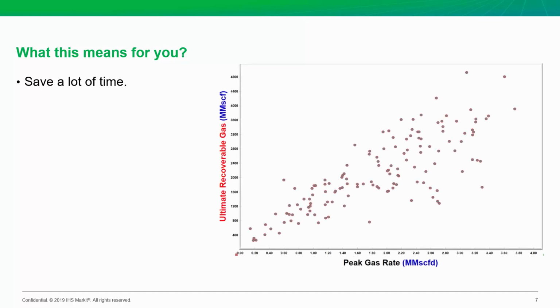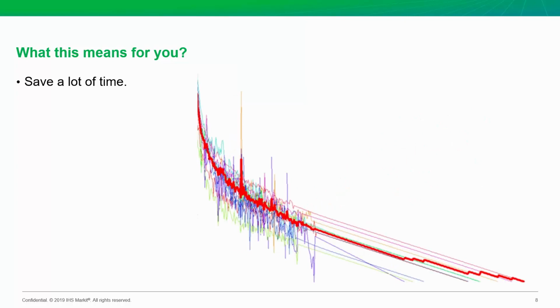The other thing is, if you're not already doing cross plots or things like this to compare a peak rate or 6-month cum against, for example, EUR, well, just remember, watch episode number 7 to show how to do all these cross plots in Harmony Enterprise, and I've just showed you how you can make these custom calculated attributes. Again, if you're going to be doing type wells and you want to normalize by lateral length or any other numerical value, I've just showed you how you can create those custom calculated attributes.